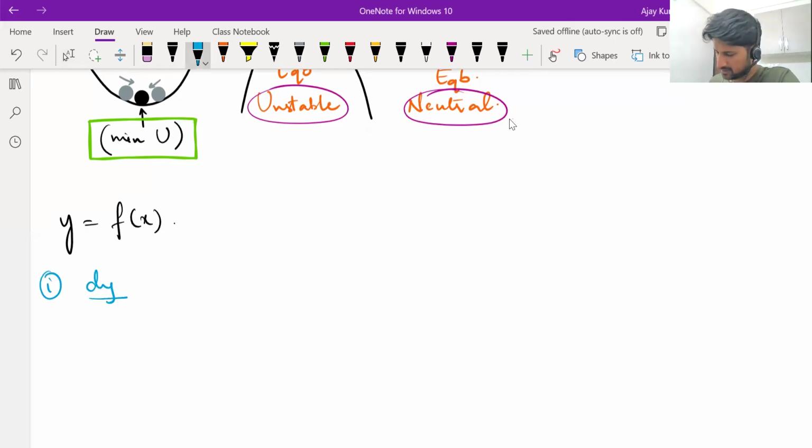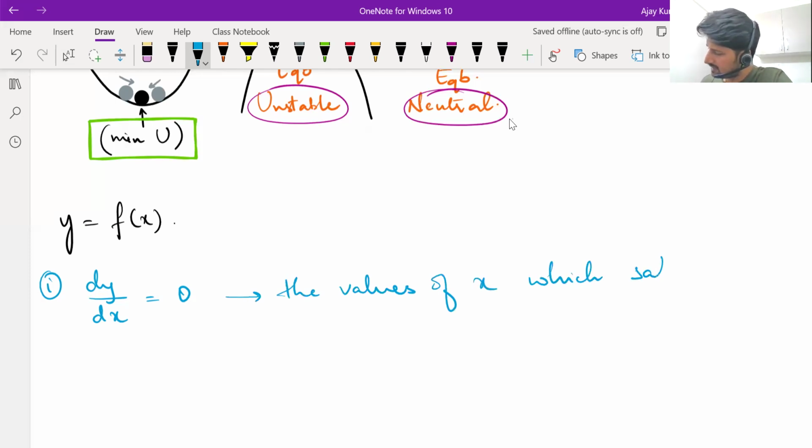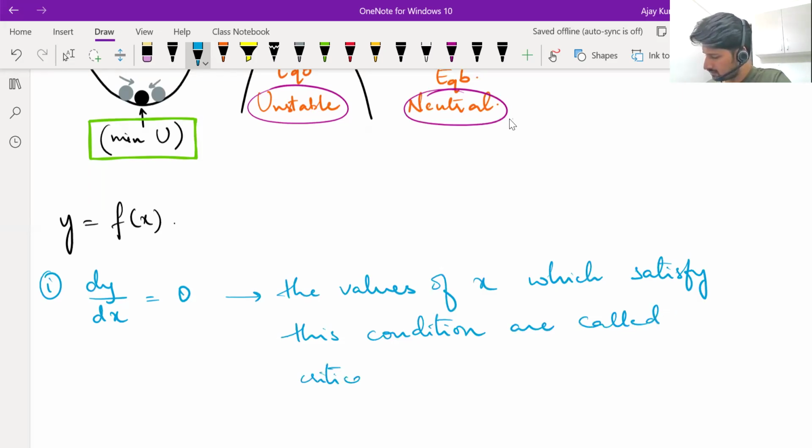You will differentiate the function and equate it to 0. What will you get from this? Or how will this help? Good. If you equate dy by dx to 0, the values of x which satisfy this condition are called critical points or critical values.